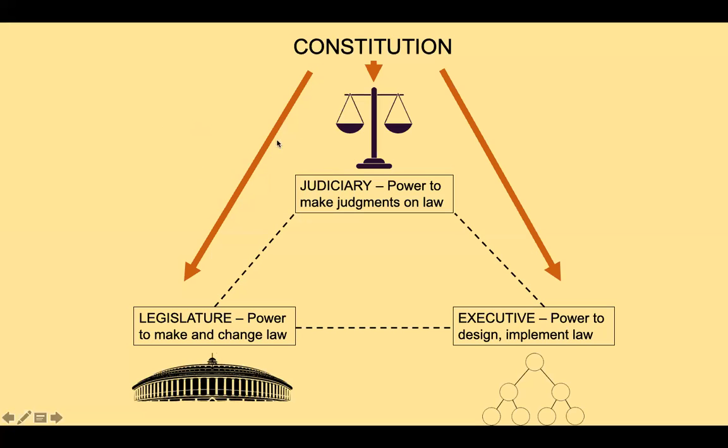And so the separation of powers theoretically exists or is meant to exist in all democracies, but the Constitution might vary and might lay out different roles and responsibilities for those different institutions. In general, though, this is our understanding of the separation of powers.